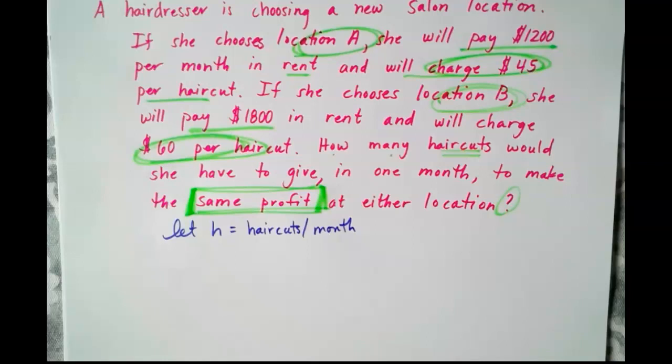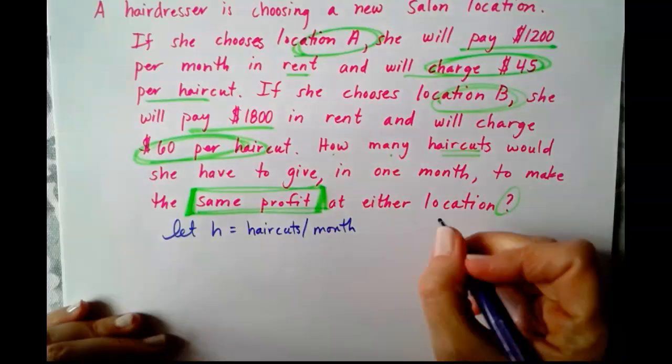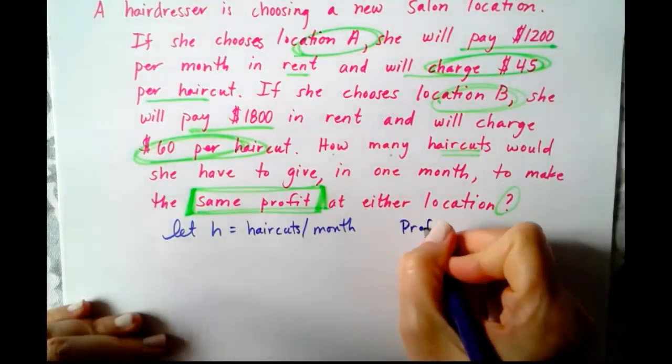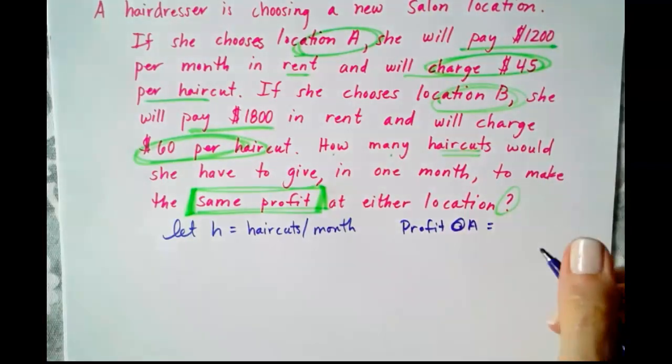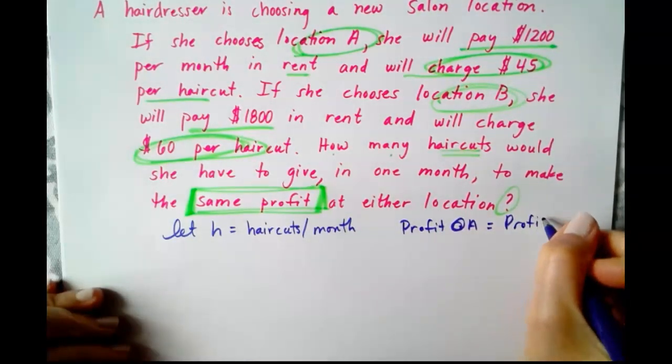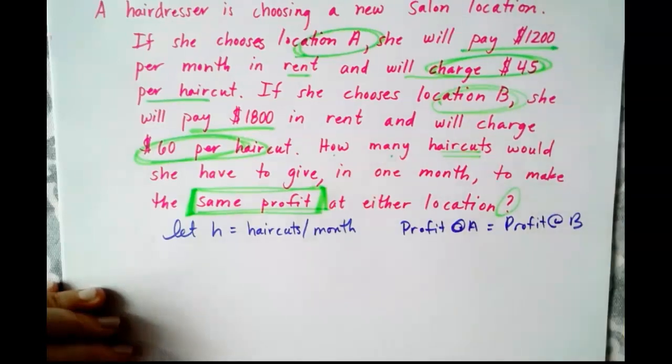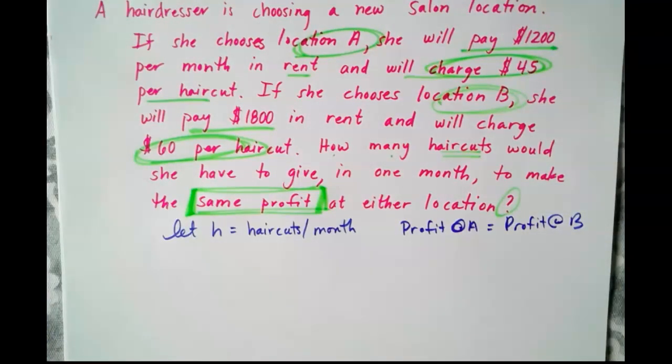So we want the profit at location A to be the same as the profit at location B. So let's write that down. Profit at A, when will it be equal to profit at B? Well, how do we find a profit? A profit is when the amount that we make is bigger than the amount we have to pay.